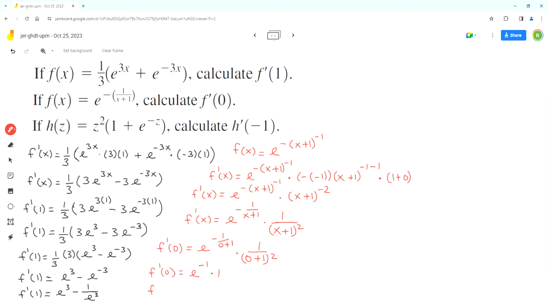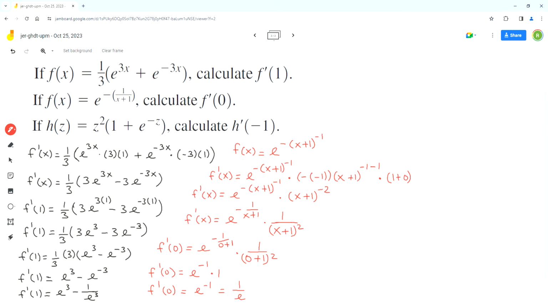So we can rewrite this as f prime at 0 equals e to the power negative 1, which can be changed to 1 over e. So in the final answer, we should not keep a negative exponent. So this should be the final answer for the derivative of the second function at x equals 0.